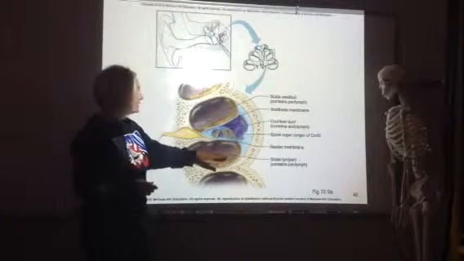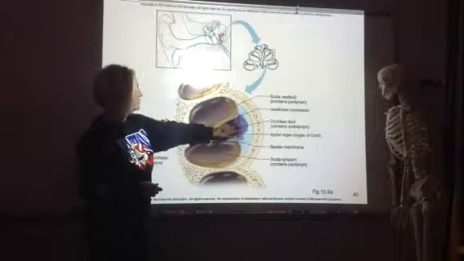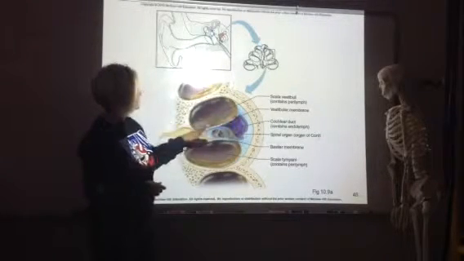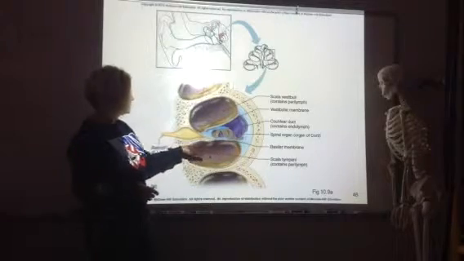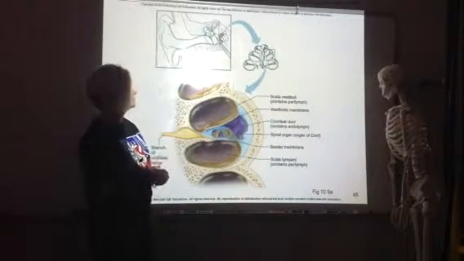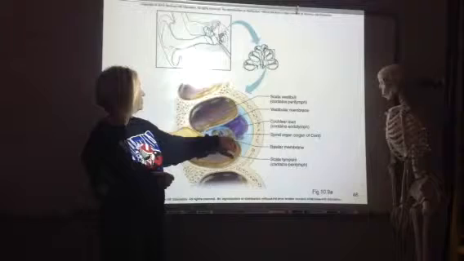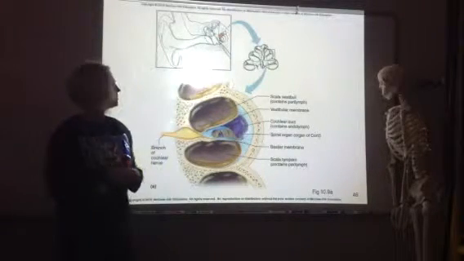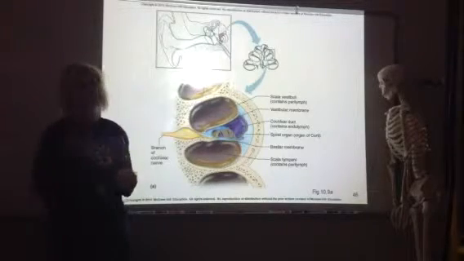So V over T, your cochlear duct is in the middle, perilymph is both out here, vestibular membrane on top, basilar membrane on the bottom. And then the spiral organ that's found in here is important for picking up actual sound waves.